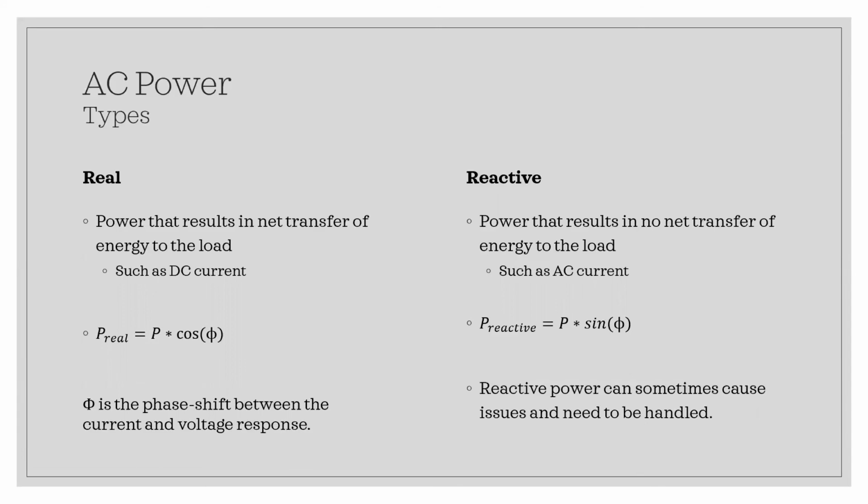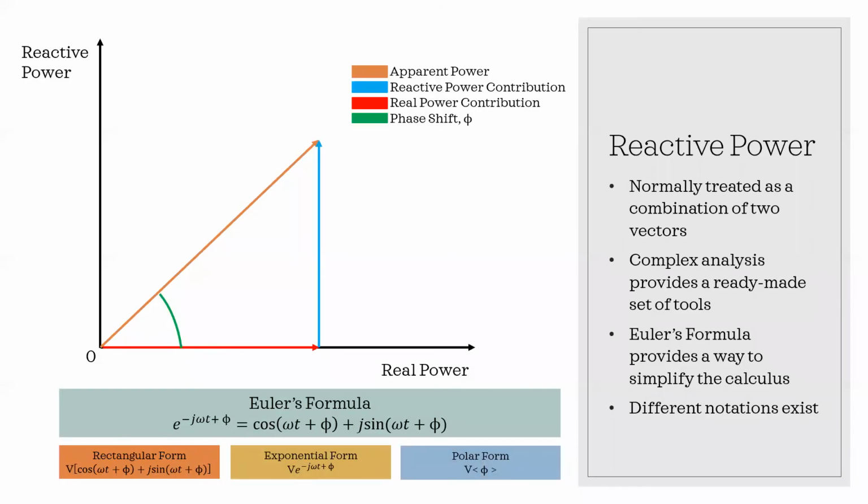So, a little more depth on the analysis. It's most useful to us to analyze power as a combination of vectors. We usually place real power on the x-axis and reactive power on the y-axis, which leads us to something called phasor analysis, which describes the steady-state response of AC circuits.